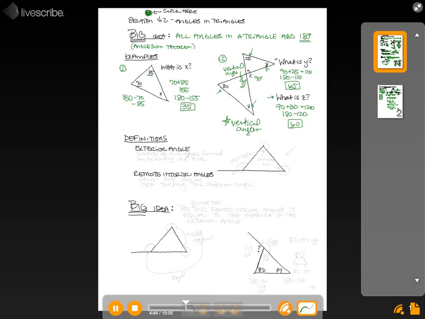First thing, we've got a picture over here. Okay, and I'm going to label these definitions in this picture. So, an exterior angle. It is outside of a triangle formed by extending one side.